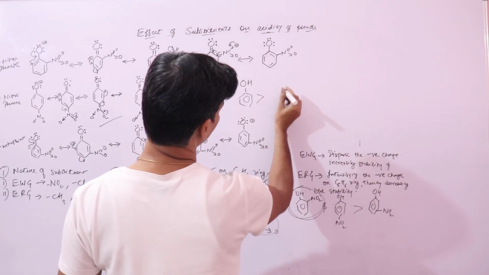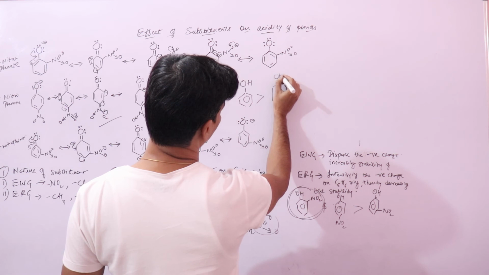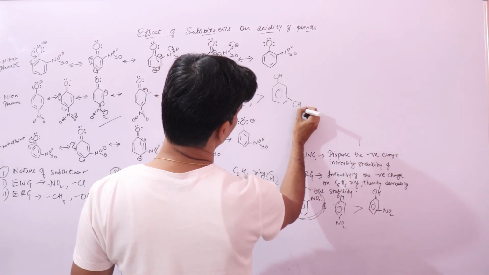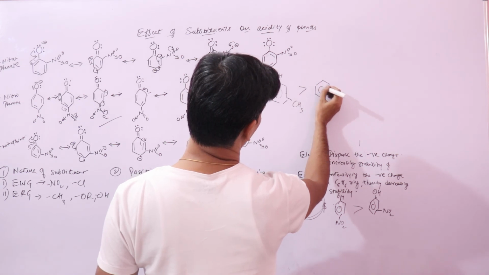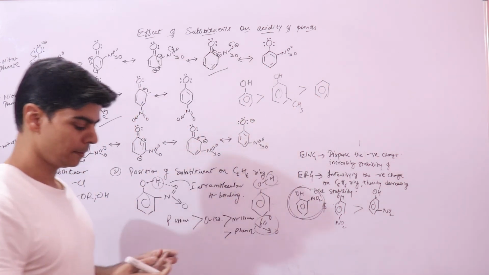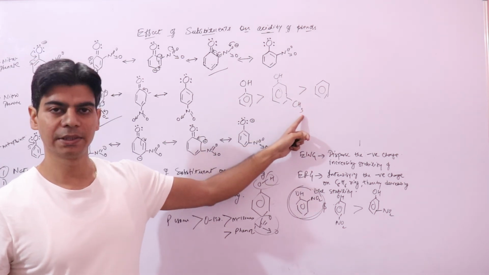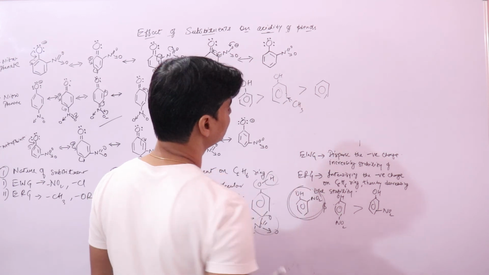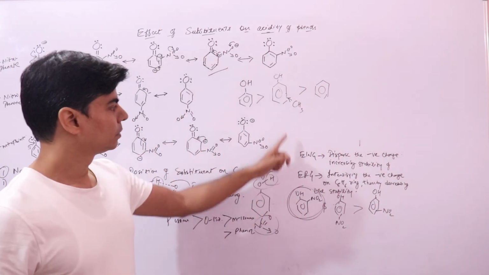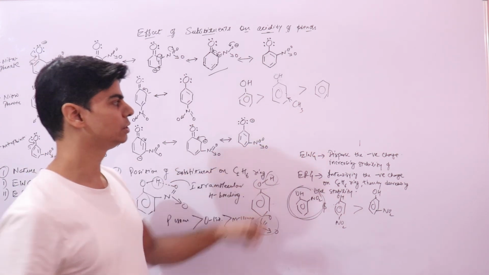Then comes your meta, because this is releasing electrons towards the benzene ring, and the effect is less when the substituent is present at the meta position.